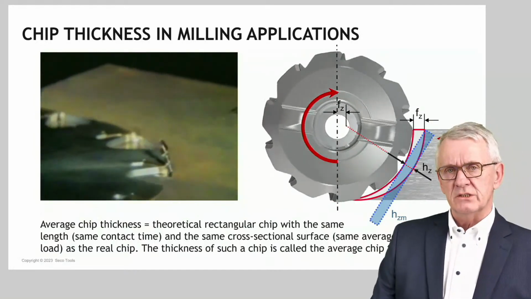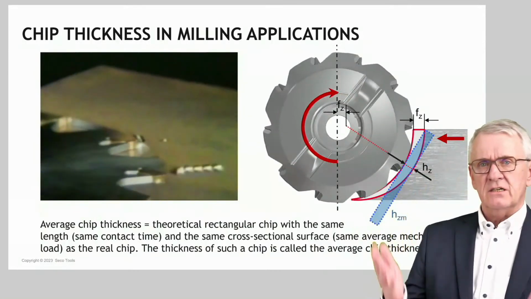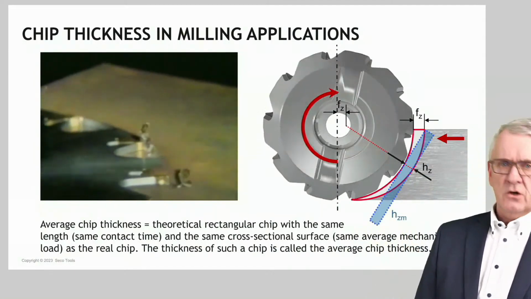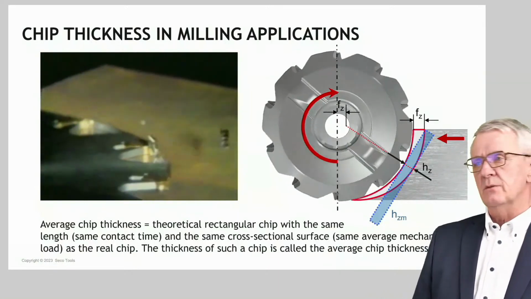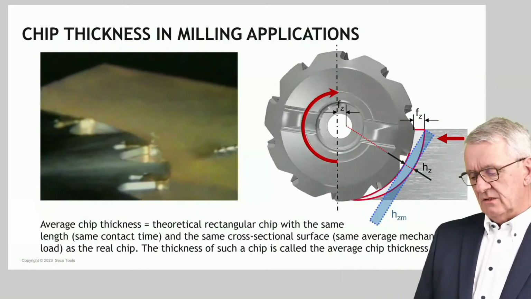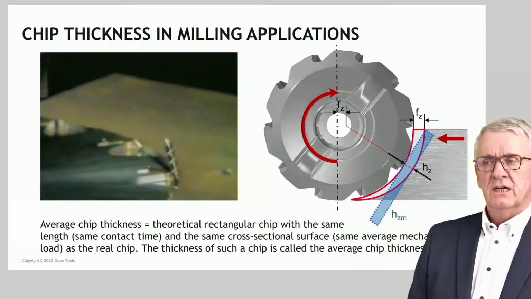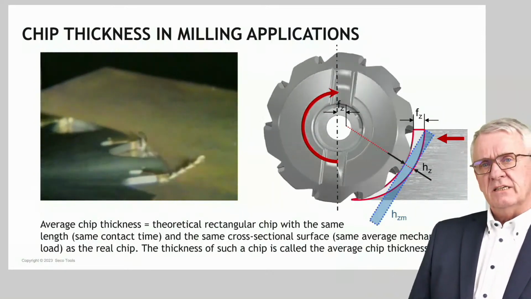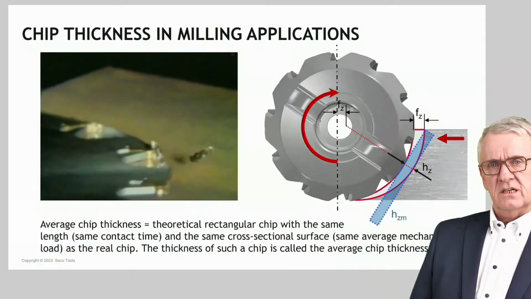You can't measure an average. It's just in our head. And I know practical people like to measure. I'm sorry to have to disappoint you here, but it's just something we use to think, to calculate a little bit with also. Average chip thickness: we create a theoretical chip with the same length as the real chip.